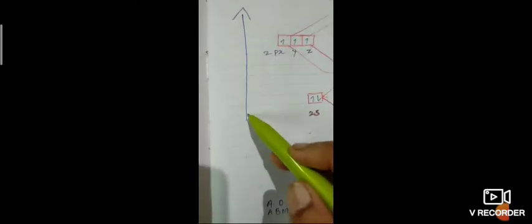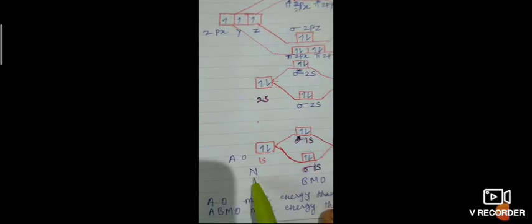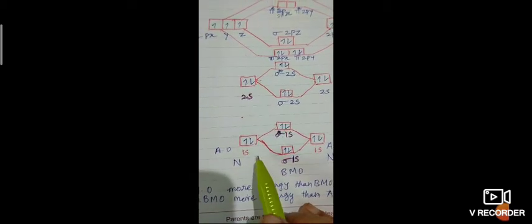Now let us see the example of the nitrogen molecule. Actually, the atomic orbital has more energy than the bonding molecular orbital, and the antibonding molecular orbital has more energy than the atomic orbital. Nitrogen has 14 electrons.